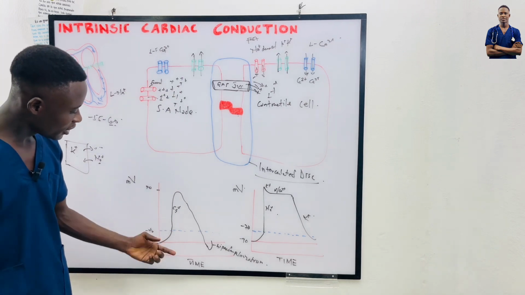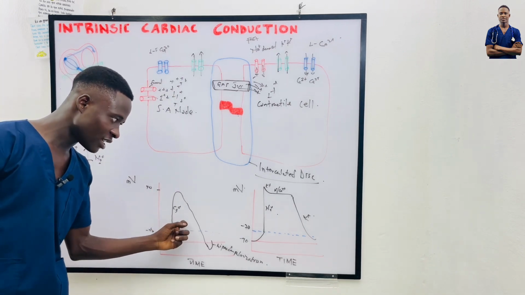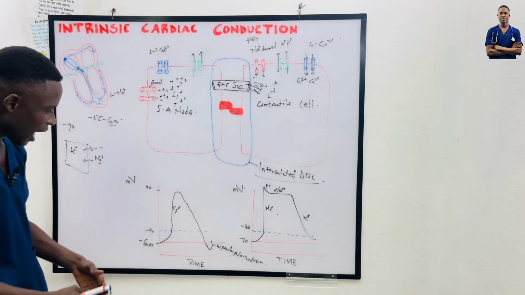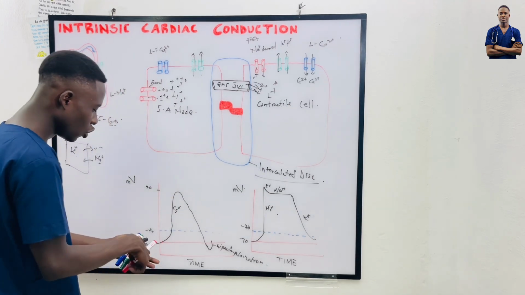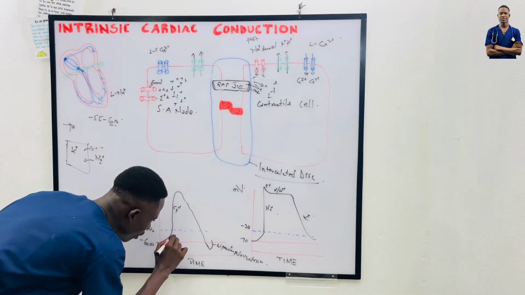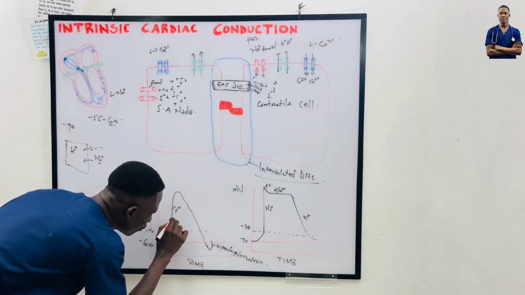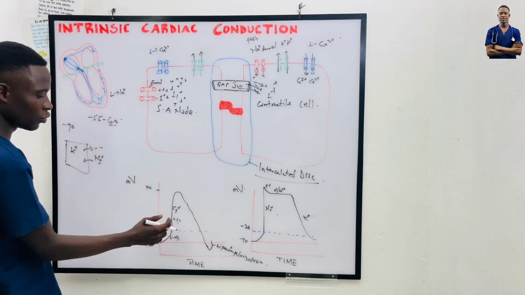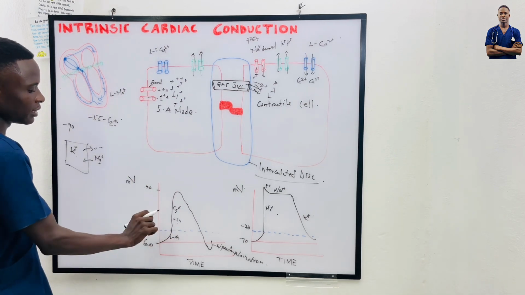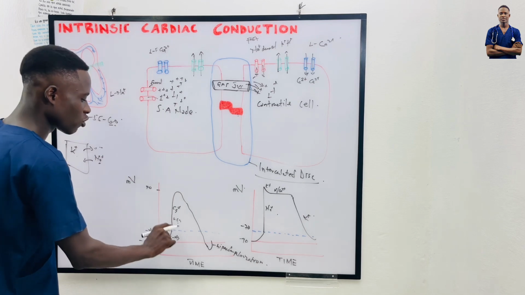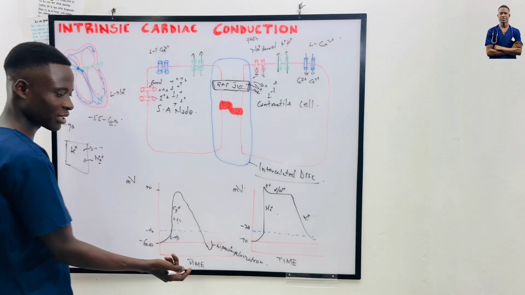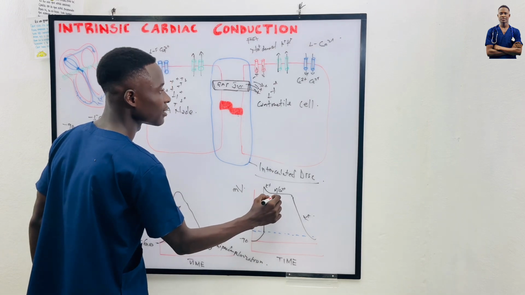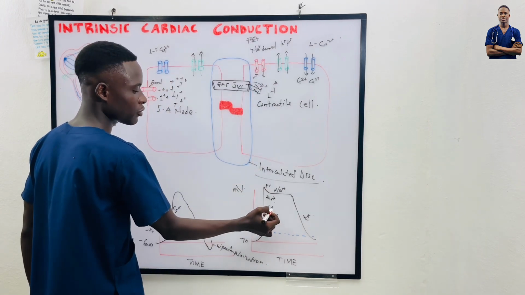Now, one last thing. The generation of the action potential in here is slower than this one. Why? Because these have low sodium, low calcium channels, so the ions come in small. But in here, this is fast, as I wrote it here, fast sodium channel.